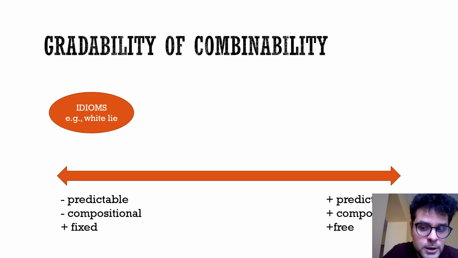When we say don't beat around the bush, there is no reason why delaying something, not being fast in taking a decision, or not going straight to the point has directly to do with a bush. So we need some contextual encyclopedic knowledge to make sense of them. And of course, they are not predictable for the same reason that they're not compositional, right? So they need to be learned separately.